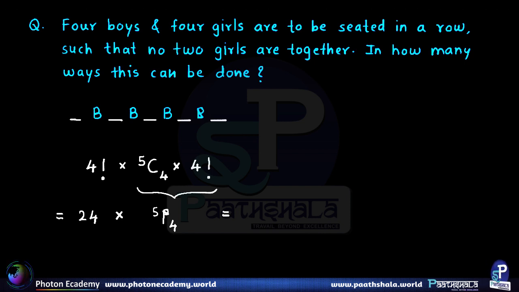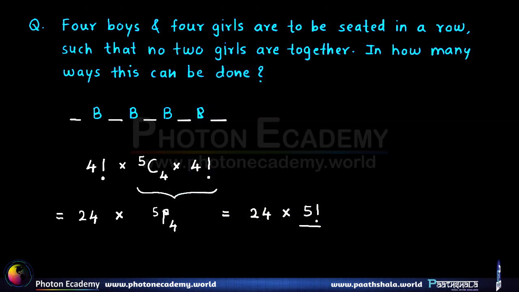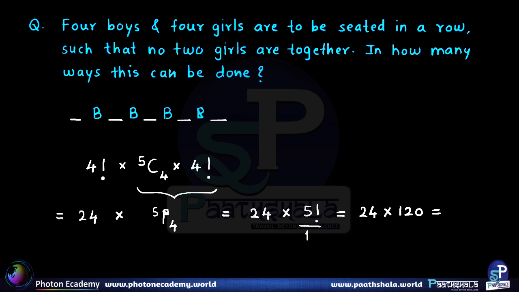So therefore on simplifying we get 24 into 5P4, which is nothing but 5 factorial whole upon (5 minus 4), which is 1 factorial, which is 1. So therefore we get 24 into 5 factorial, which is 120. Therefore the final answer is 2880.